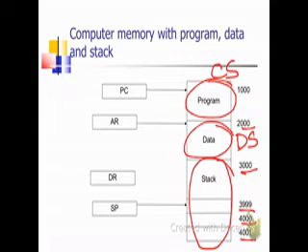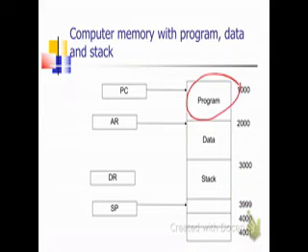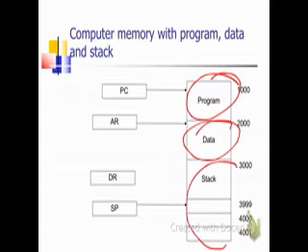These are the addresses of the memory locations. So we assume that every memory location has an address which is represented by these numbers. So for example, this location is represented by 4001. This location is represented by 4002, and so on. So here we have the program segment, the data segment, and the stack.